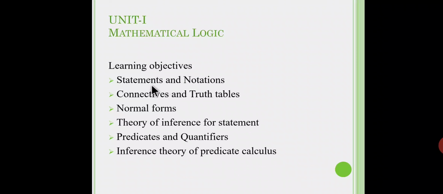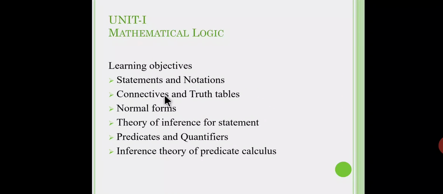All declarative sentences which can be assigned one and only one truth value, either true or false. The notations of propositions are denoted by small letters P, Q, R, S, T and so on. The logic that deals with propositions is called propositional logic.